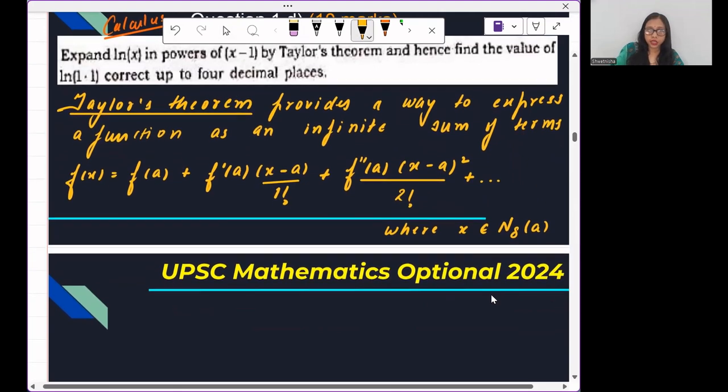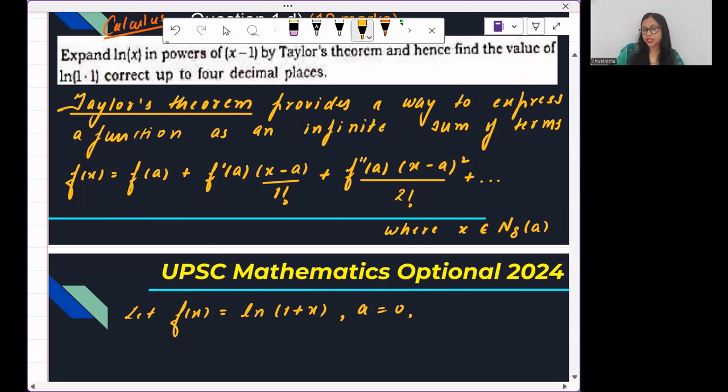In the question, we have to express ln x in powers of x minus 1. To do that, you start by taking f of x equals natural log of 1 plus x. Just compare. I'm taking a to be 0 and delta to be 1.